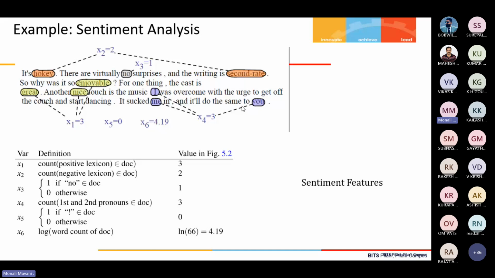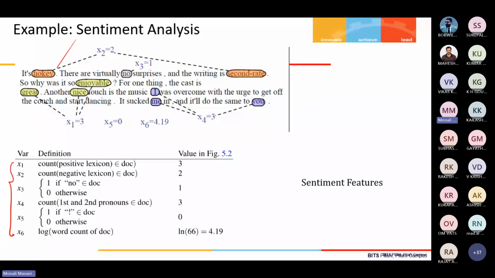Now, when we are talking about text data like this and we want to use a machine learning algorithm, we have to do feature engineering. We have to extract the features from the text, and that's what is done here for sentiment analysis. As a domain expert, you have to find out the important features which will help solve your objective. Here the objective is sentiment analysis, and these 6 features are chosen.